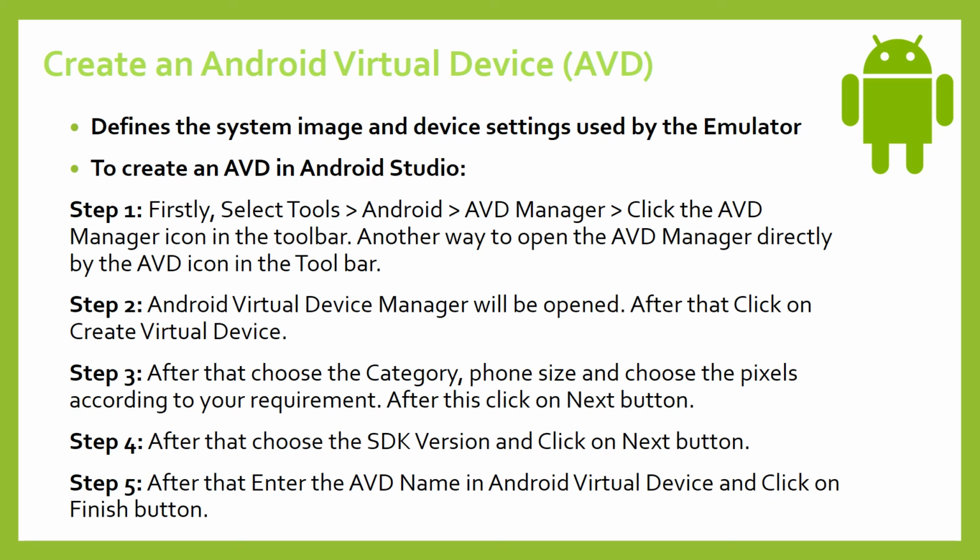And especially when you click on the next button, please remember to choose the correct SDK version. Here, many developers fail to select the correct SDK version. So this SDK, software development kit version, should be based on the version or the minimum API that was selected while creating the project.